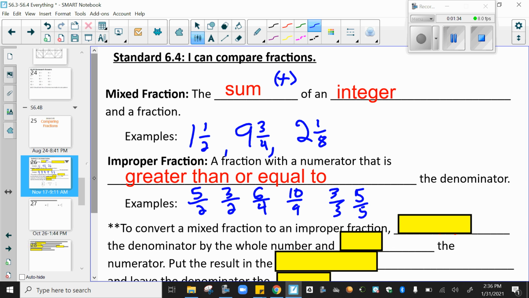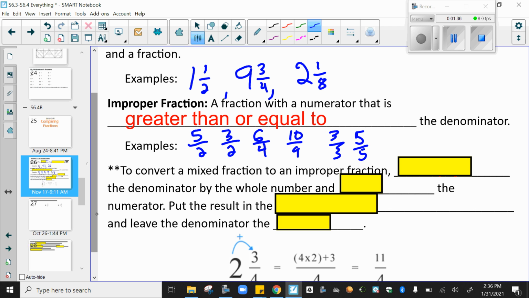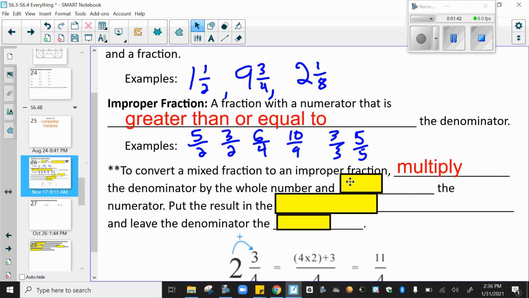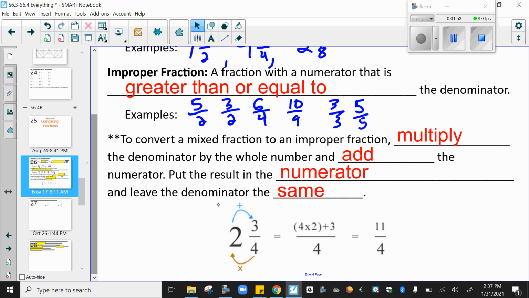To convert a mixed fraction to an improper fraction, we're going to multiply the denominator by the whole number and add the numerator. Put the result in the numerator and then rewrite the denominator the same way it was before. It's going to stay the same. Here's an example. We started right here.